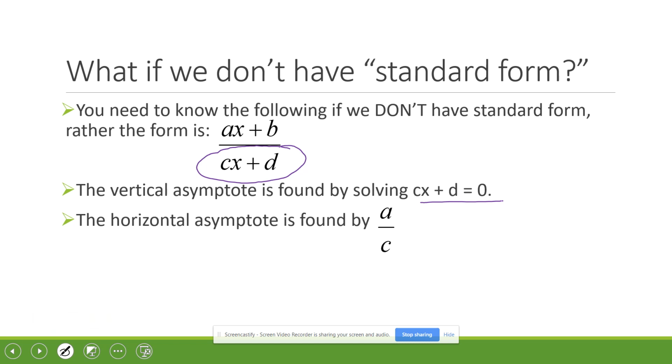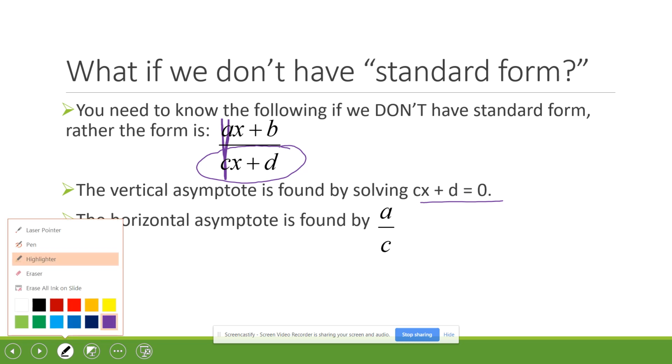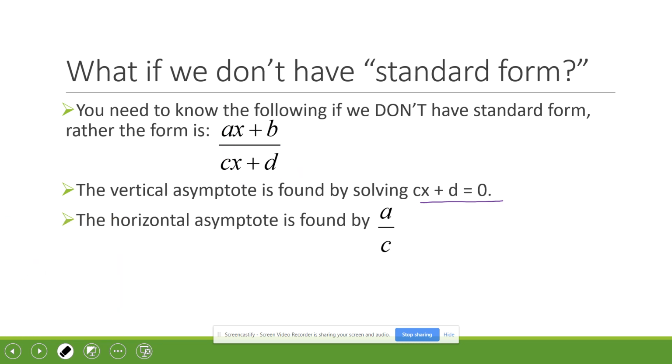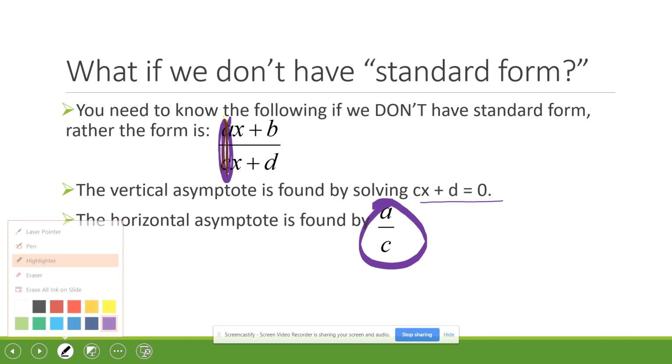And then the horizontal asymptote is found by A and C. So we're putting A over C, and simplify it if you can. Divide fully if you can. It depends on what A and C are.